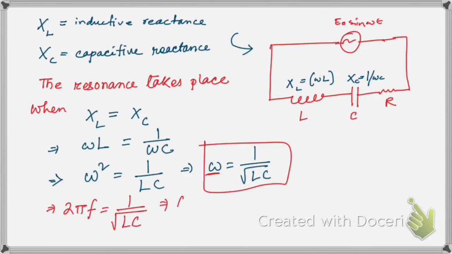So here f will be equal to 1 by 2 pi into root over LC, right? So this is the resonant frequency. Hope you have understood this. Now let me show you the resonant curve.